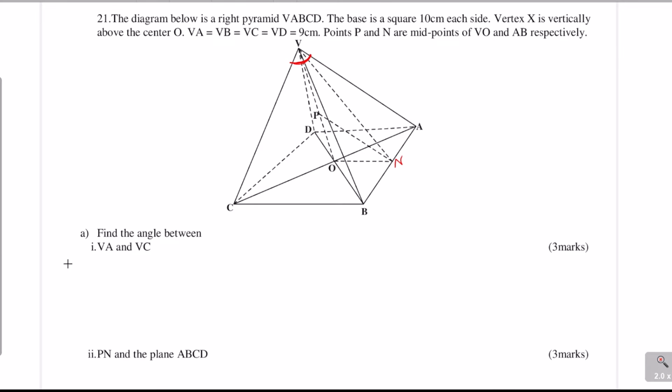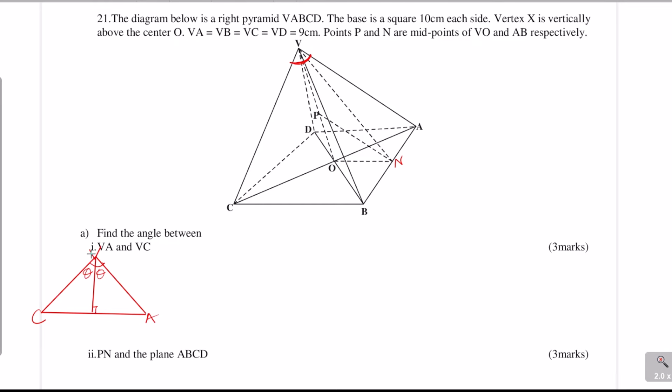So if I can draw the triangle that I'm going to use, it looks like this. The triangle that I'm going to use to get that angle is like this, and then I will need to bisect it. So this is V, C, and A. We want the whole of this angle between VA and VC. If we get this one angle here, it is the same as this one, so we just multiply by 2.